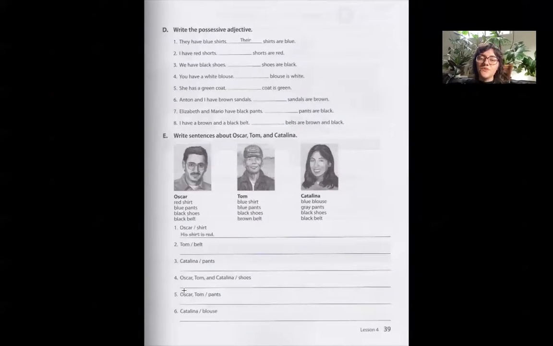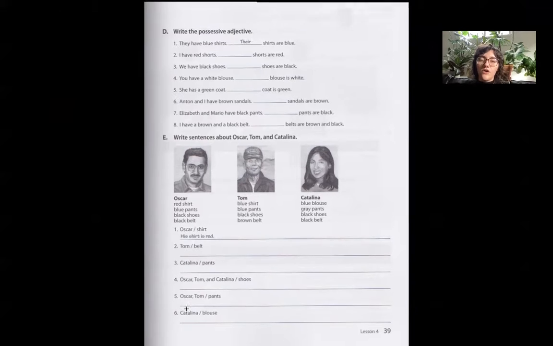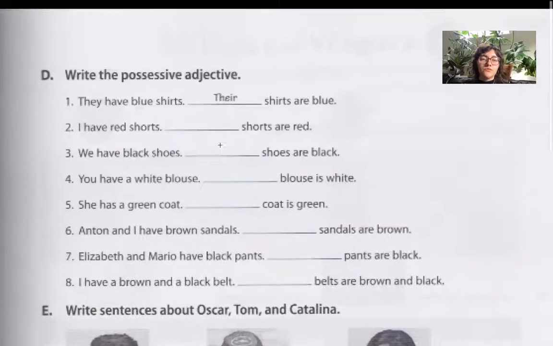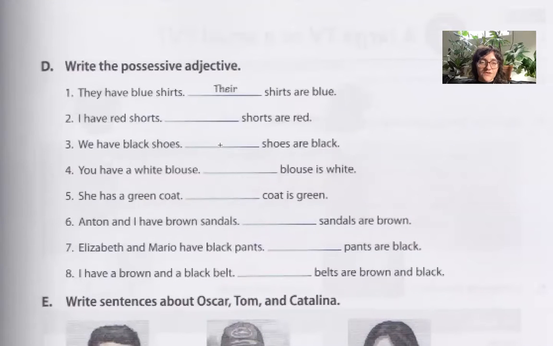And then this one, you can try to write on your own, which is write the possessive adjective. So if it says they have blue shirts, their shirts are blue. You want to use what is called a possessive adjective. I have red shorts, my shorts are red.